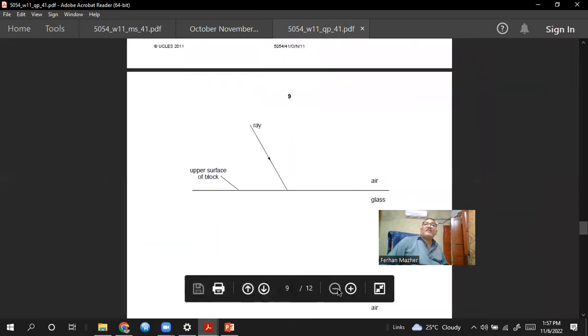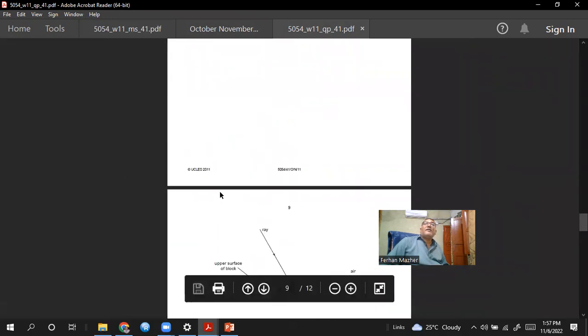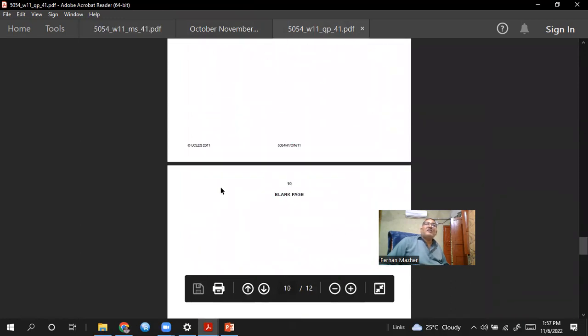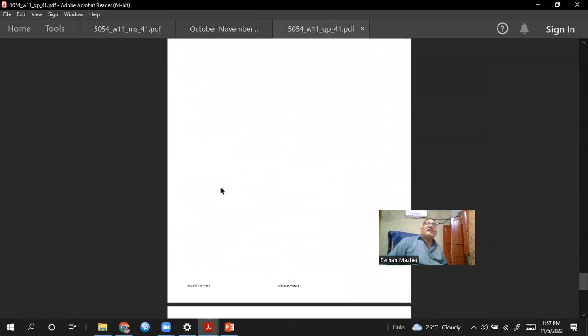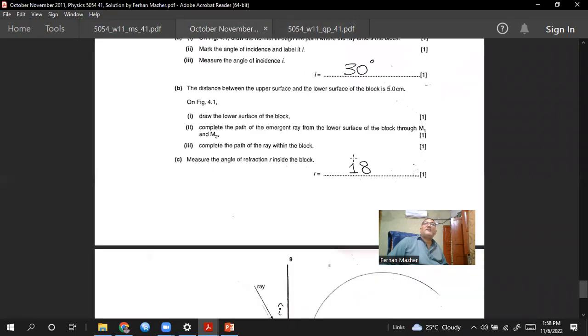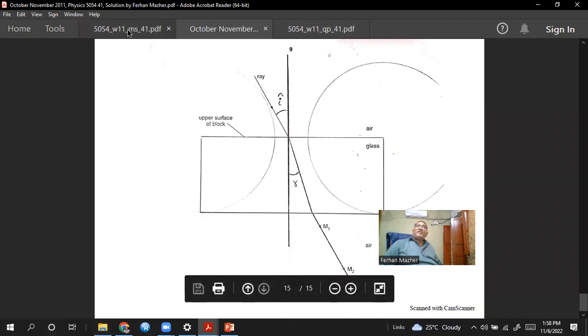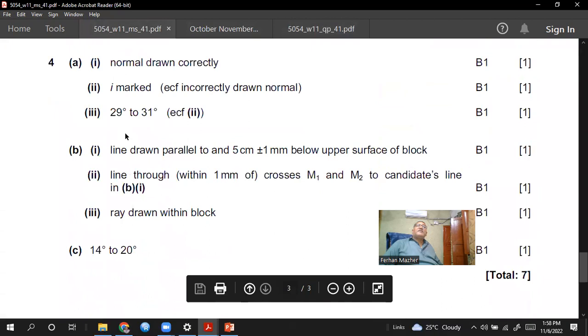Let me reduce the size so I can see what this is. So we are done with this paper. This is that diagram, and this is the marking scheme.